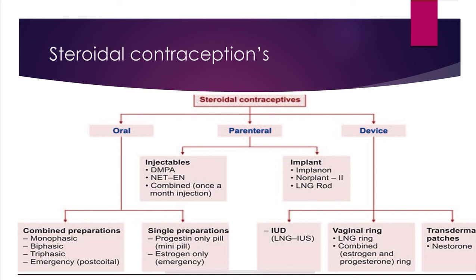Then the last one is transdermal patches. They are Norelgestromin patches. So guys, this is about the devices. Again, the oral, combined preparation and single preparation. The parenteral could be injections or implants. The devices are IUDs, vaginal rings or transdermal patches.